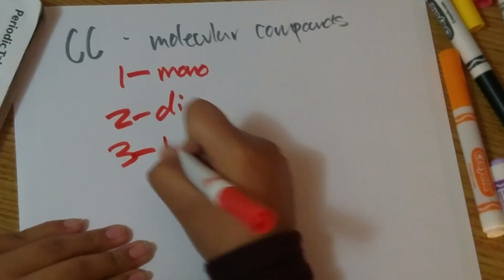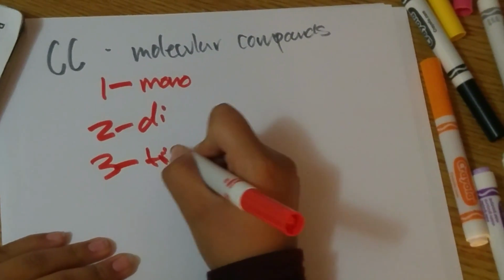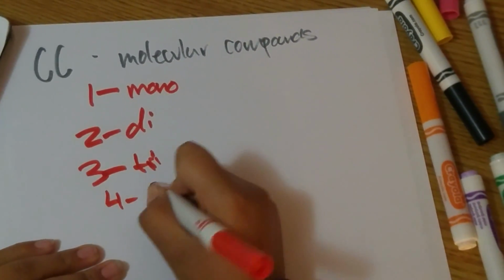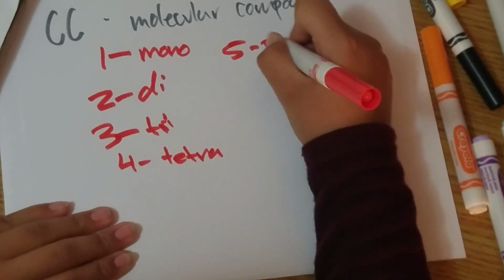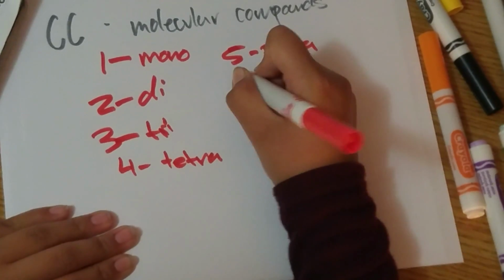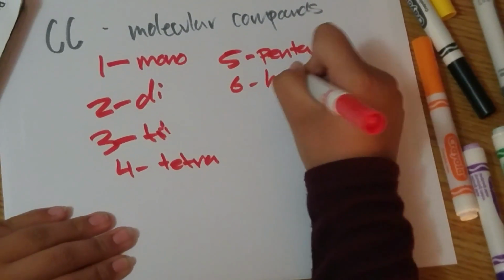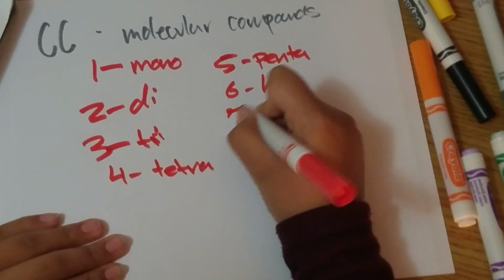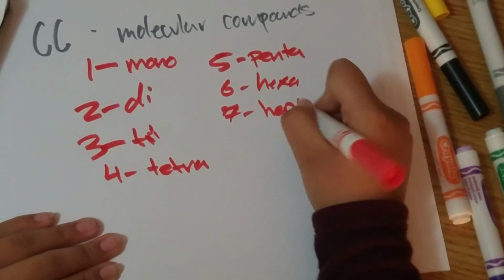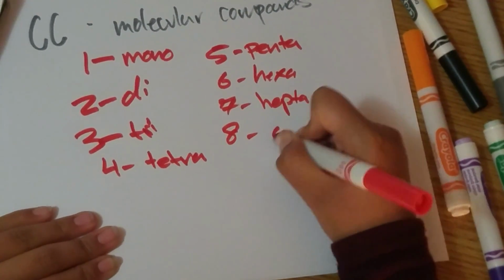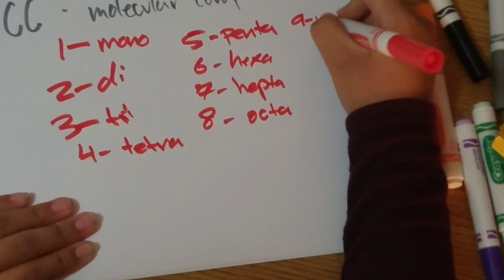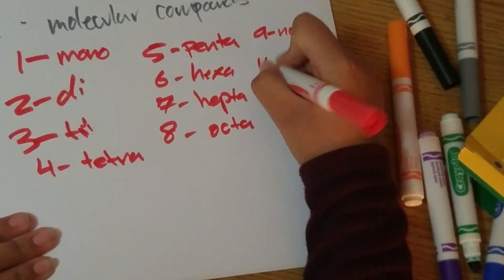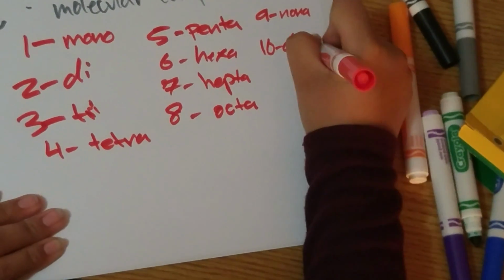Now, 3 would be tri. 4, tetra. 5 is penta. 6 is hexa. 7 is hepta. 8 is octa. 9 is nona. And 10 is deca.